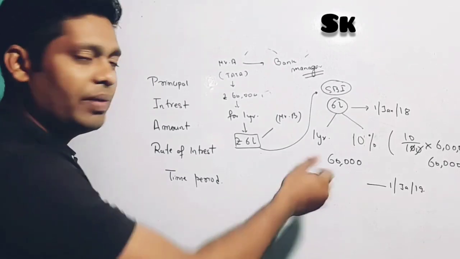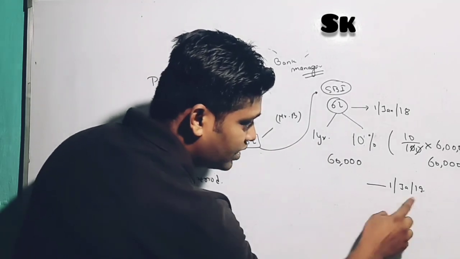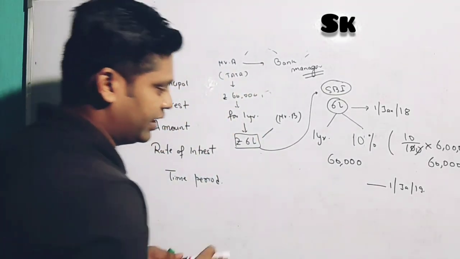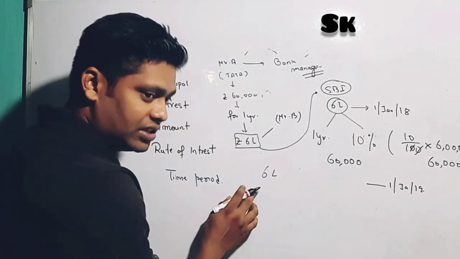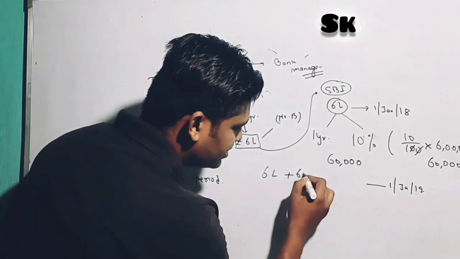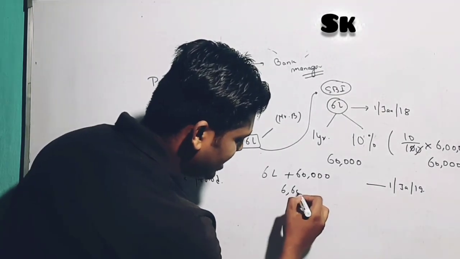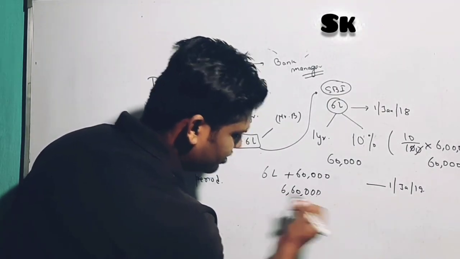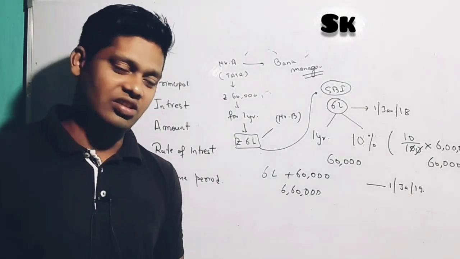Okay, he will pay like that only. Now he came on 1st January 2019, Mr. A again. So he is going to get 6 lakh, which was his money, as well as 60,000 which the bank has paid. So total 6 lakh 60,000 he is going to get. So the extra amount which the bank has given is 60,000.